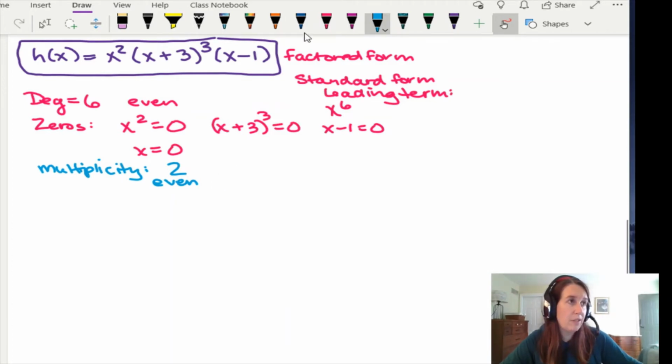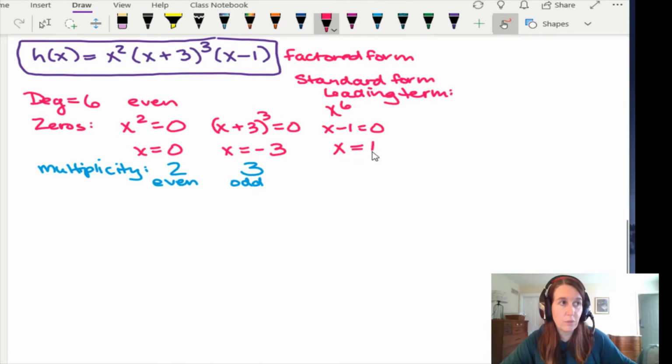This zero is negative 3, right? x equals negative 3. Notice that the degree here, the multiplicity, is 3, and that is an odd multiplicity. And then here we have x minus 1, so our zero is x equals 1. And that happens just one time, right?